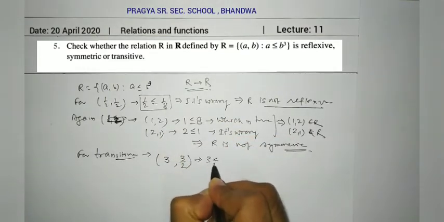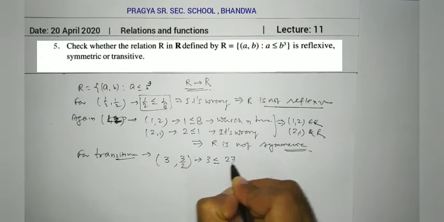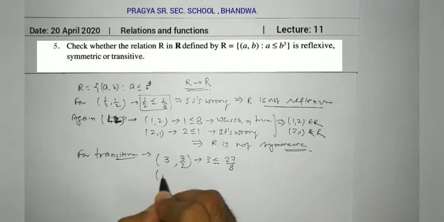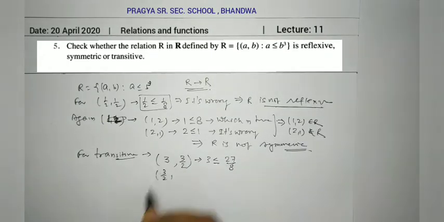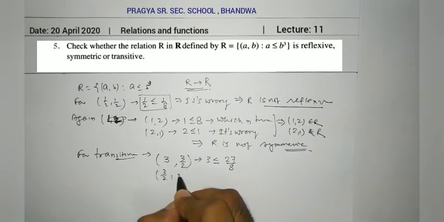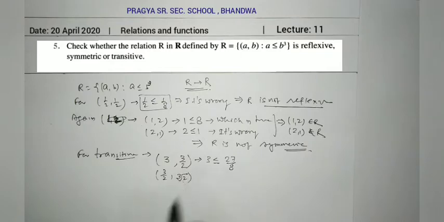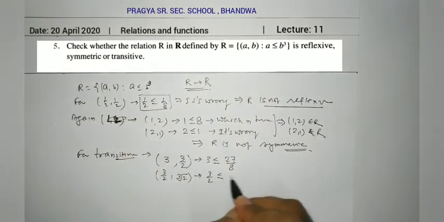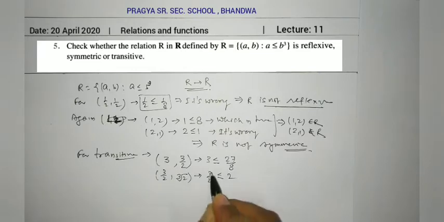So this should be 3 is less than or equal to 27 upon 8. Here you will write 3 upon 2, which is 1.5. For this we will consider the cube root of 2 in its place, because the cube root of 2 cubed is 2. So you will write 3 upon 2 is less than or equal to B cube, and B cube, the cube root of 2 cubed, is 2. 3 upon 2 is 1.5, and 1.5 less than 2 is correct.